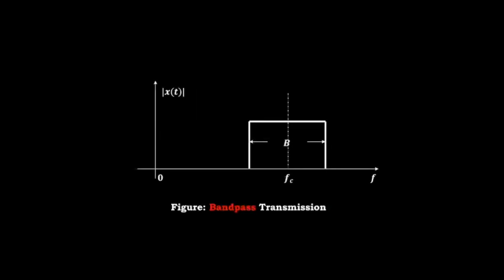And this is for a bandpass transmission. So what is the difference between baseband transmission and bandpass transmission? When we say baseband transmission, it is simply the transmission of our signals as they are, without any form of modulation technique. Based on the graphical representation that you have seen previously, it resembles that of a low pass channel.